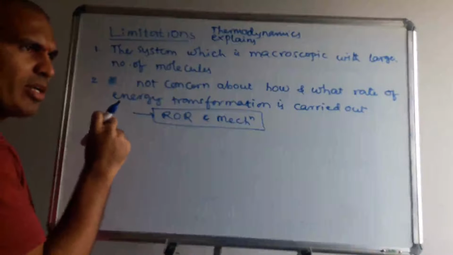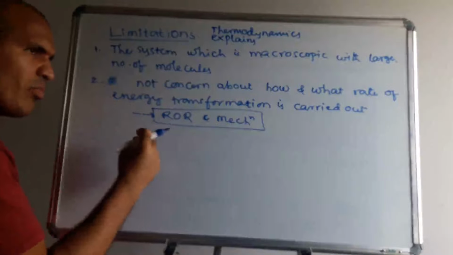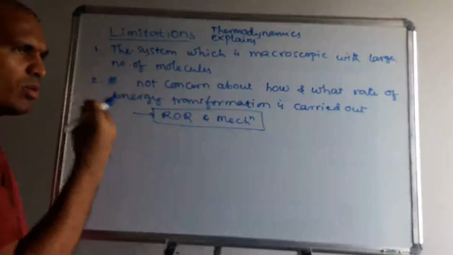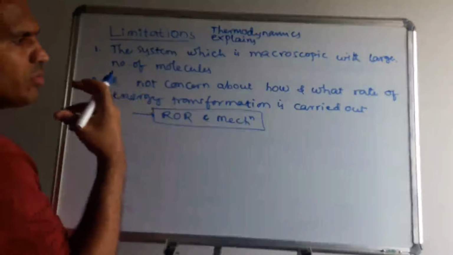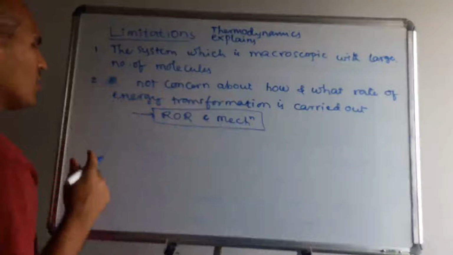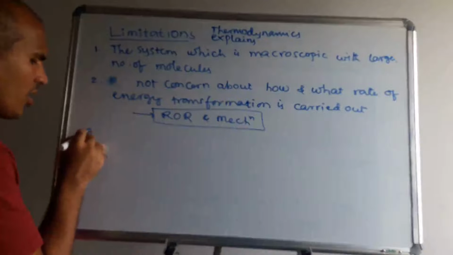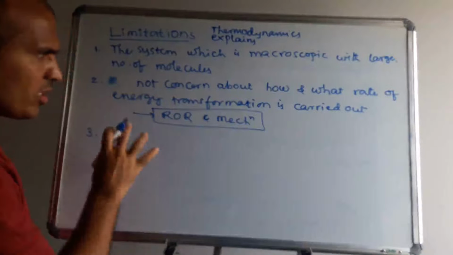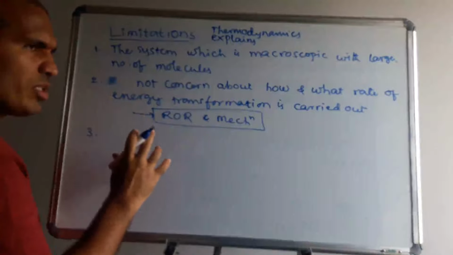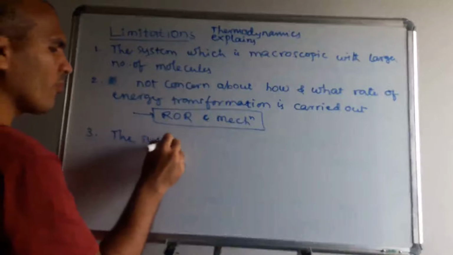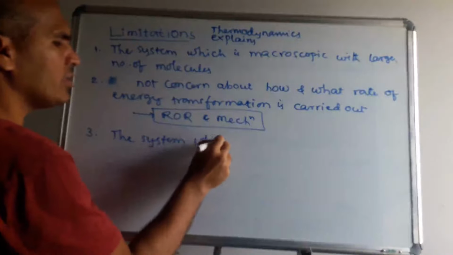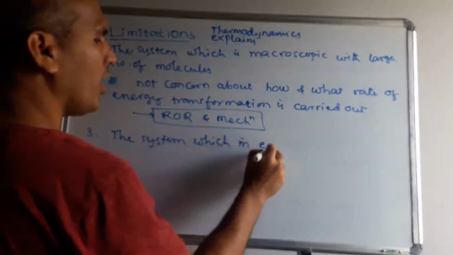So, whether it is completing in a given time, or the total time taken for this reaction or process, is also not explained by thermodynamics. And already I told you that in the objectives it explains the system which is in equilibrium.